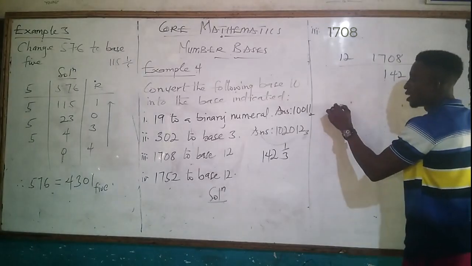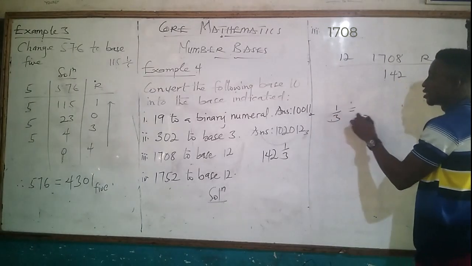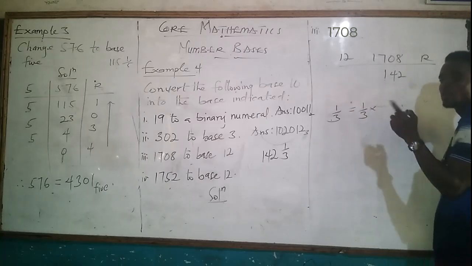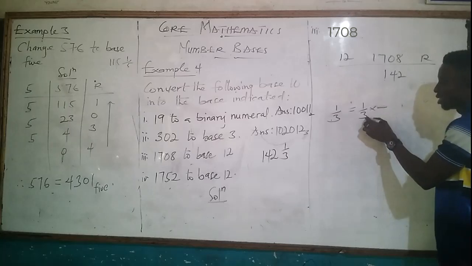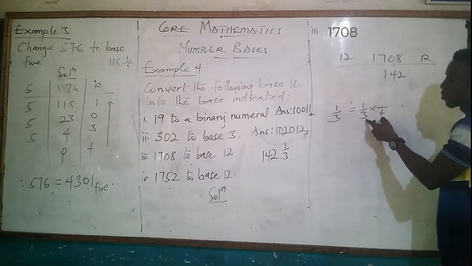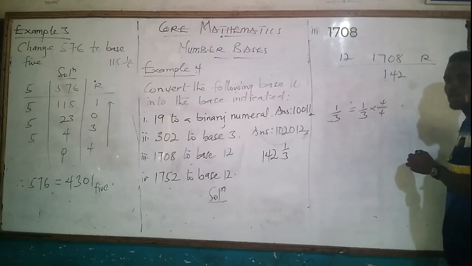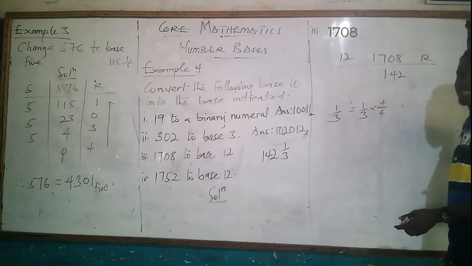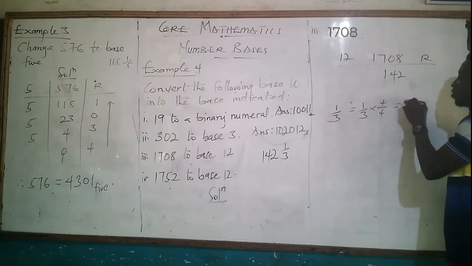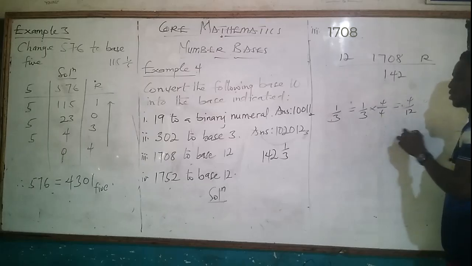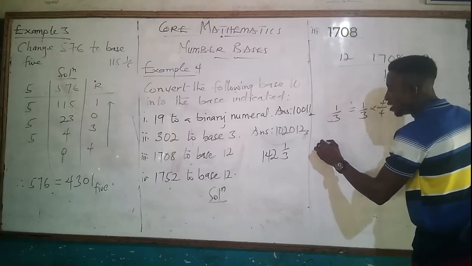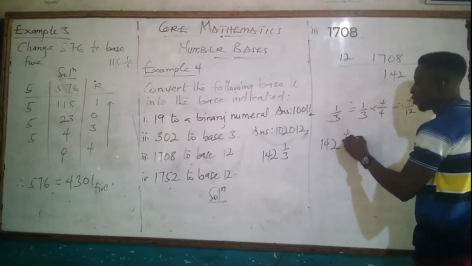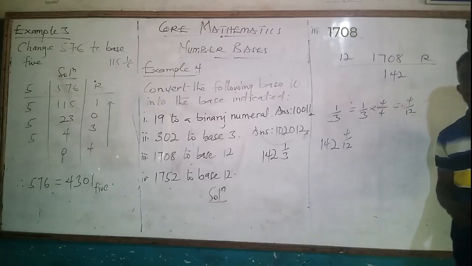So taking the 1/3, I can multiply both the numerator and the denominator by 4, which gets me the 12 at the bottom. This gives us 4/12, so this is the same as 142 whole number 4/12.